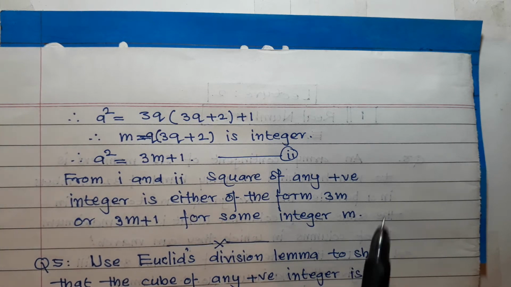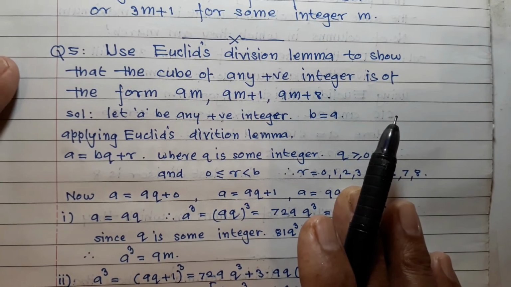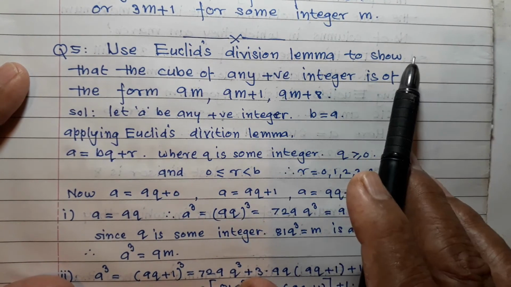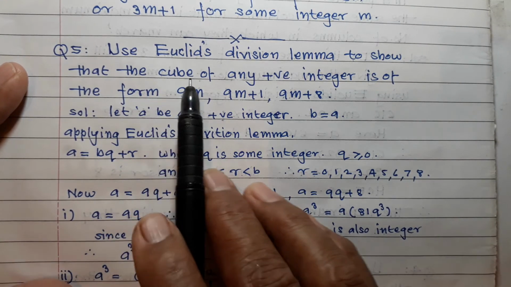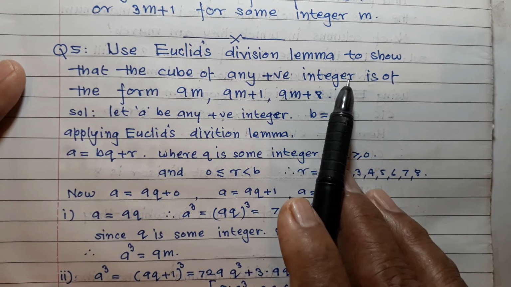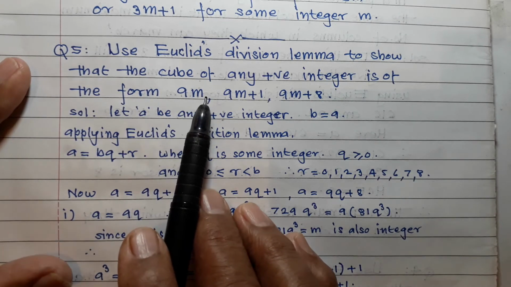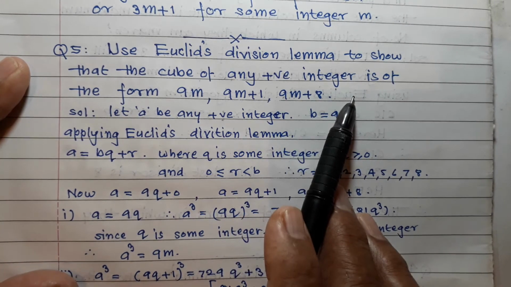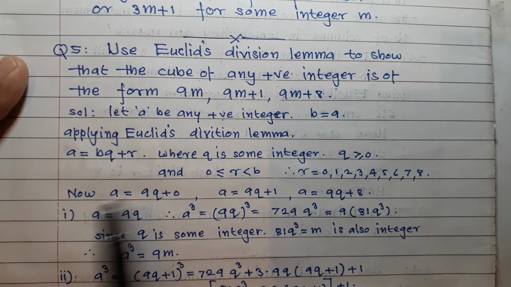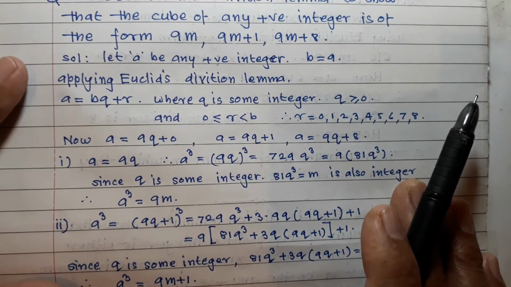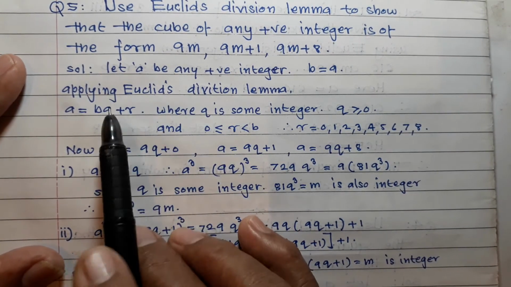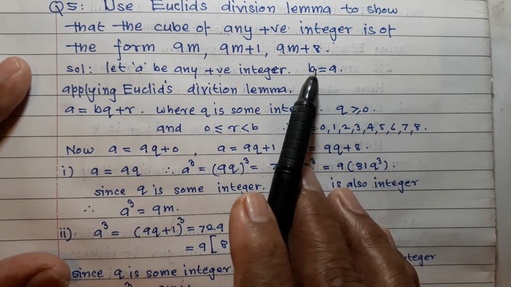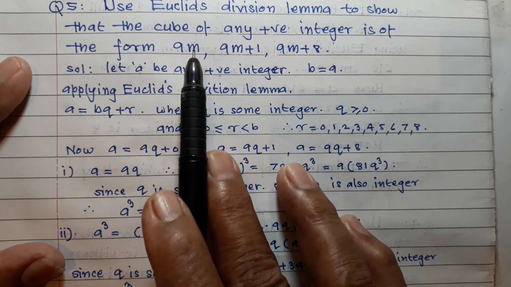Okay. Question number 5. Use Euclid's division lemma to show that the cube of any positive integer is of the form 9m, 9m + 1, or 9m + 8. Solution. Try to understand the solution. Let a be any positive integer. b is equal to 9.